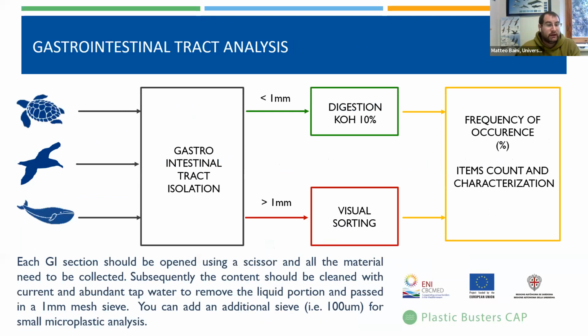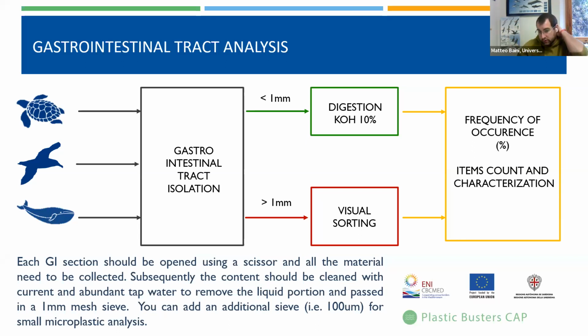Okay, once isolated, the gastrointestinal tract should be opened with a scalpel or scissors, and all the material should be collected, and the rinse should be collected. Then, if we want to stop at 1 millimeter, as usually required by the Barcelona Convention and the Marine Strategy Framework Directive, you can do visual sorting and use a 1 millimeter sieve.